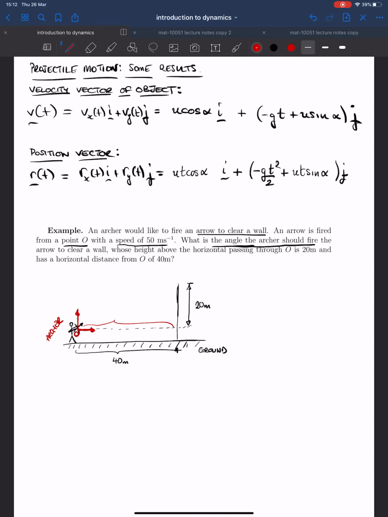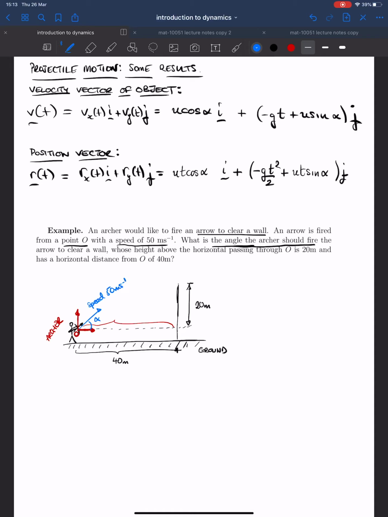Then this arrow is somehow given some speed at some angle. Oh no, we do know the speed. Sorry, we don't know the angle. So the speed is 50 meters per second.